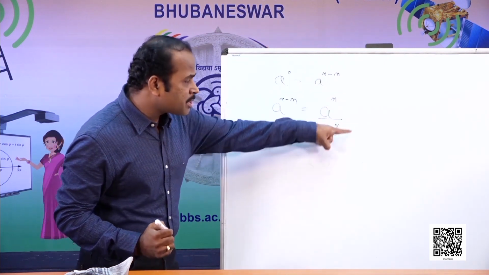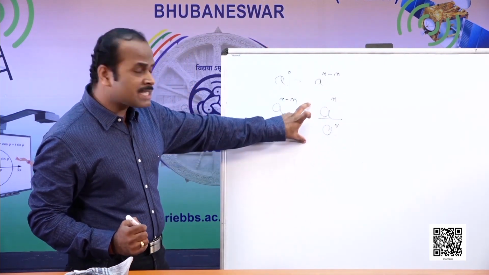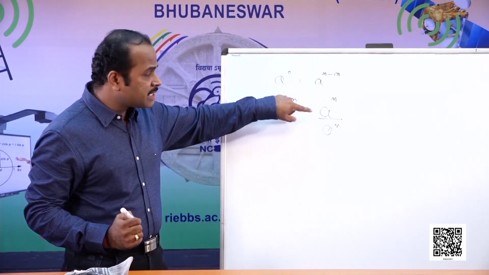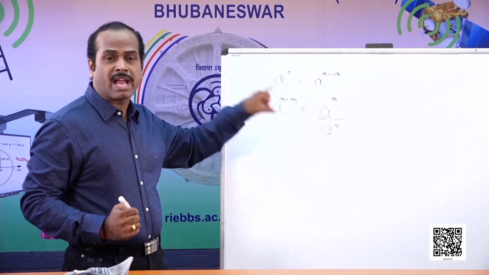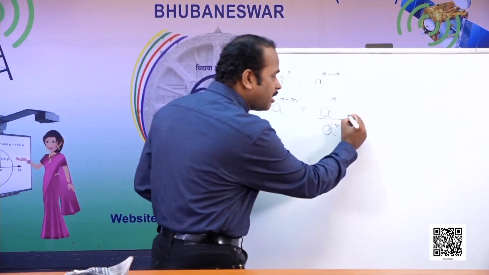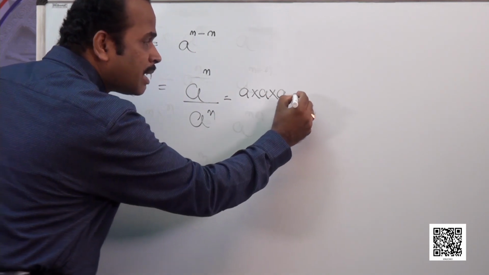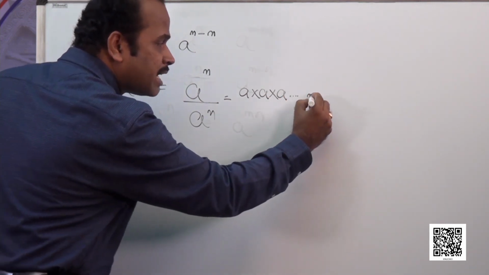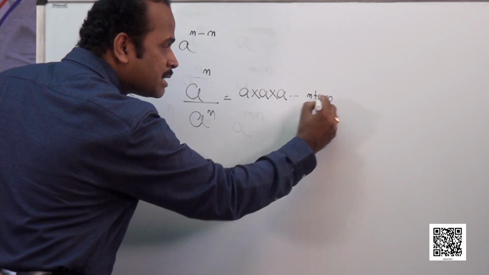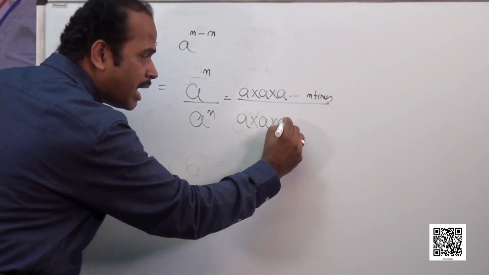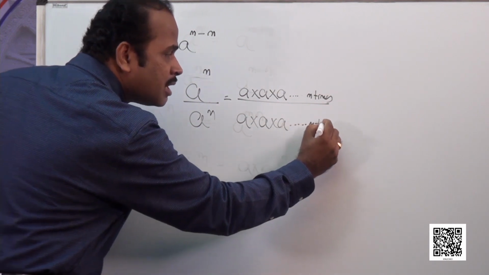Looking at this expression, we can understand that in the numerator and denominator, the same number of a's are multiplied. If I expand, you will find it is a into a into a, m times multiplied. Similarly, in the denominator, it is a into a into a, also m times multiplied.